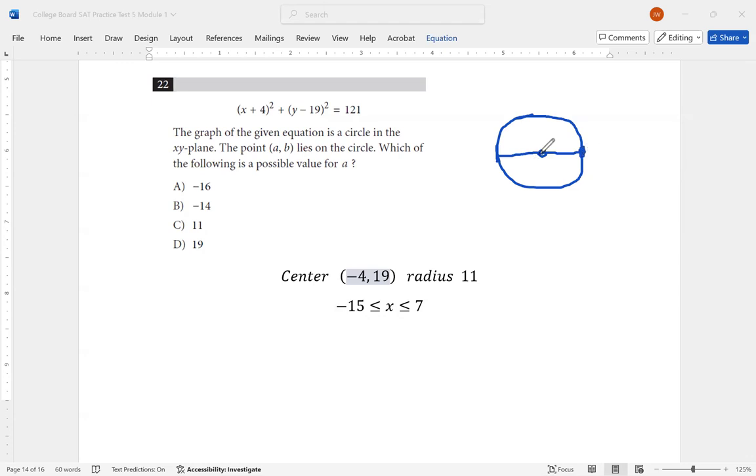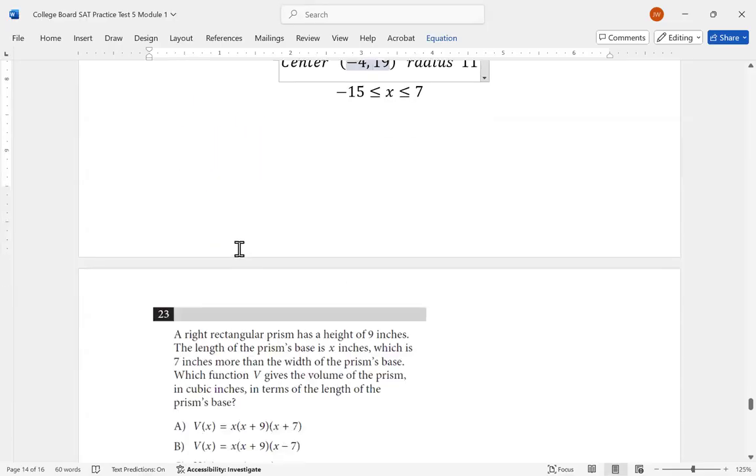Maximum radius left gets you to negative 15, maximum radius right gets you up to 7. If you get beyond there, you're not on the circle anymore. So either way you do this, you end up with the answer of B, which is negative 14.